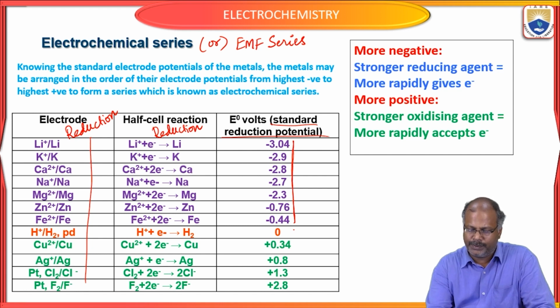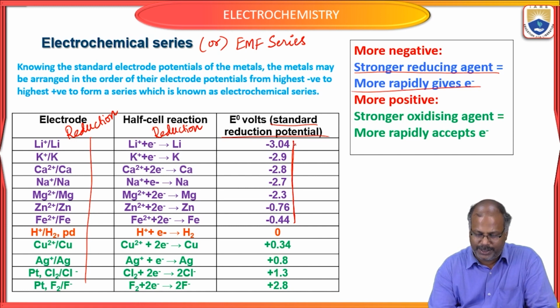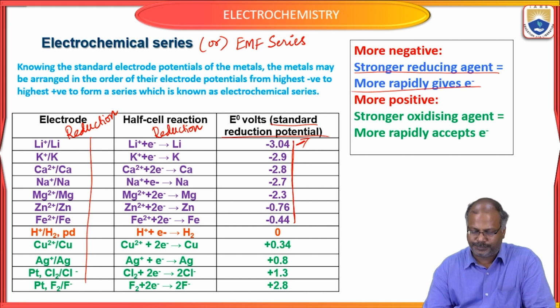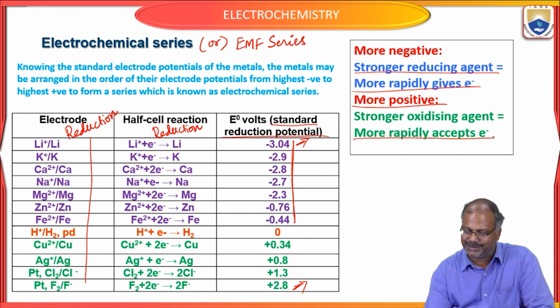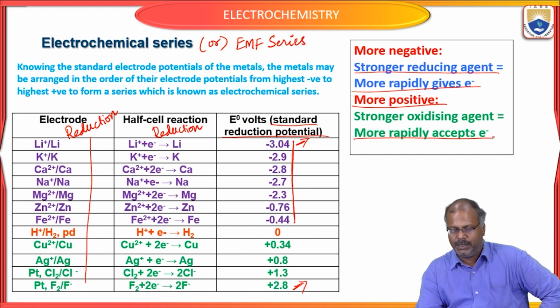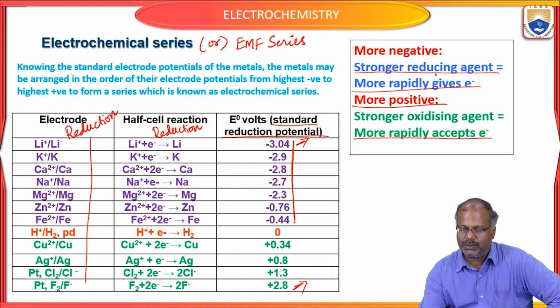In this, a stronger reducing agent means it more rapidly gives electrons, having a more negative potential, for example lithium. Whereas fluorine is more positive, a stronger oxidizing agent, which more rapidly accepts electrons. What is meant by reducing agent?